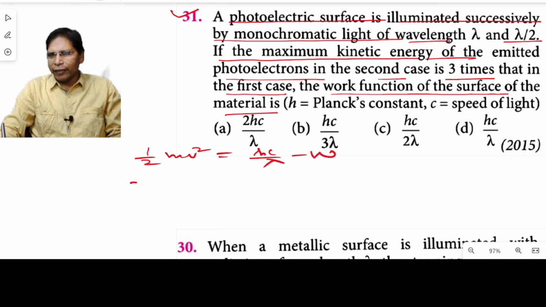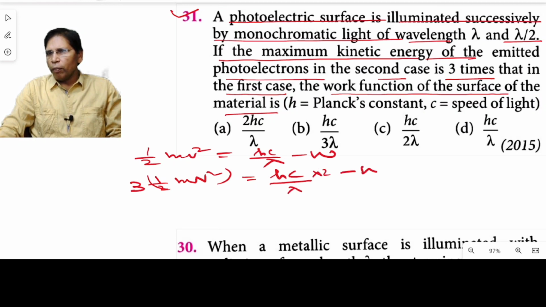In the second case, 3 times the kinetic energy, half mv square, equals hc divided by lambda by 2, so hc into 2 by lambda, minus w.